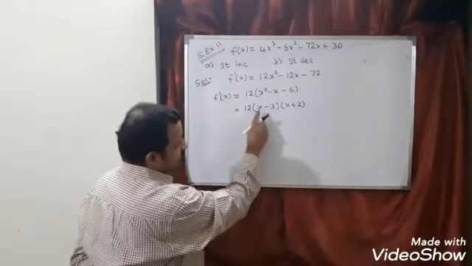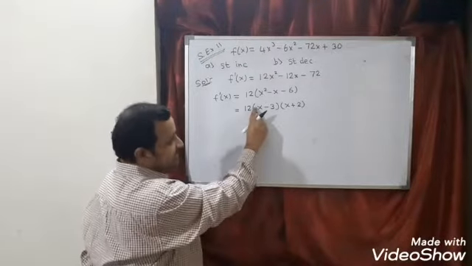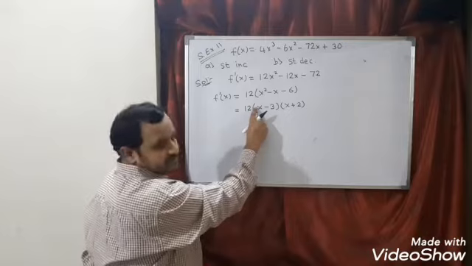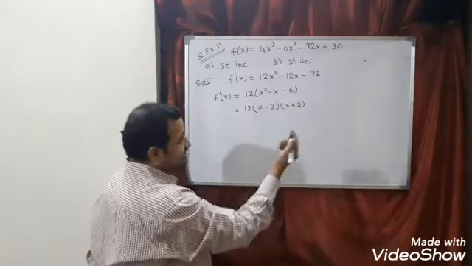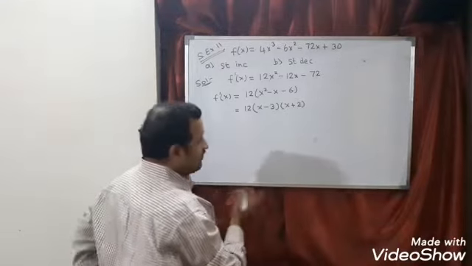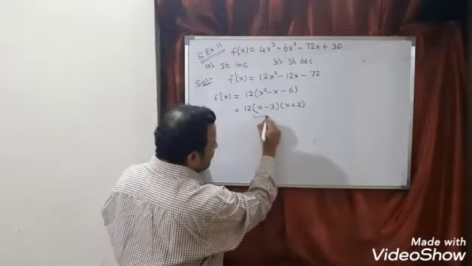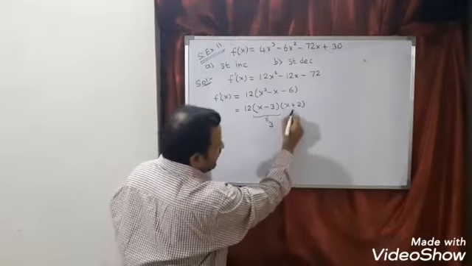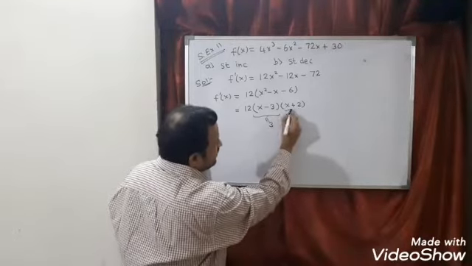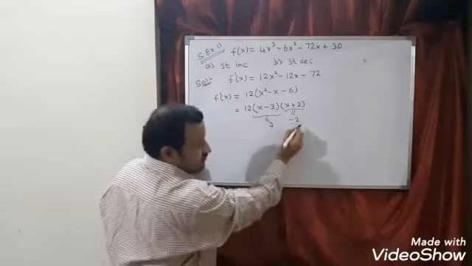Next step, coefficient of x in each bracket. Coefficient of x is positive, coefficient of x is positive. Next step, critical point. What is critical point? For what value of x this will become 0? So I can say 3. For what value of x this will become 0? So you can say minus 2.